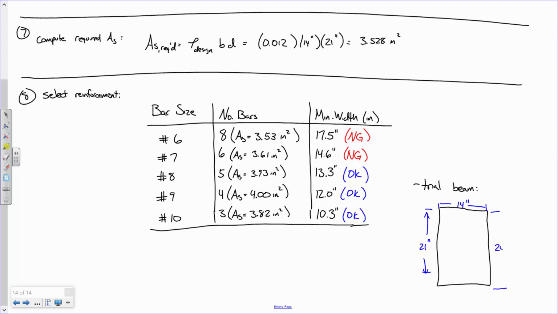This is 24 inches. Three number 10s. Bam. What do you think? Now you have a real beam that we can begin to assess.